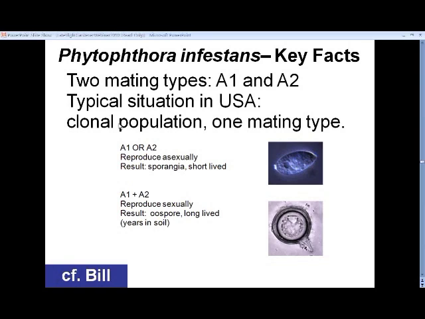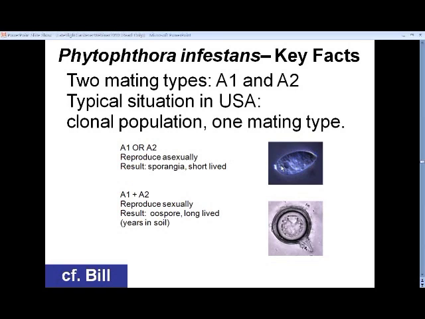Typically in the U.S., what we've had when late blight has occurred is what we call a clonal population. That means the population is all one individual continuing to multiply itself. So it's all genetically the same, which also means it's all one mating type. And if you have just one mating type, be it the A1 or the A2, the pathogen can only reproduce asexually.